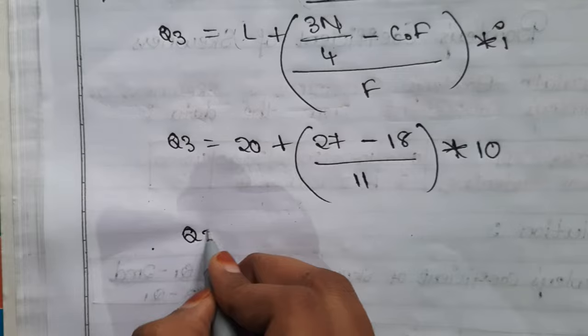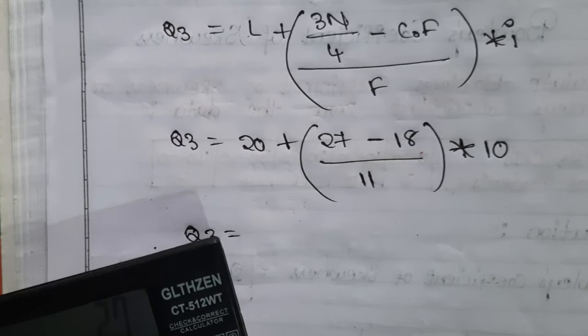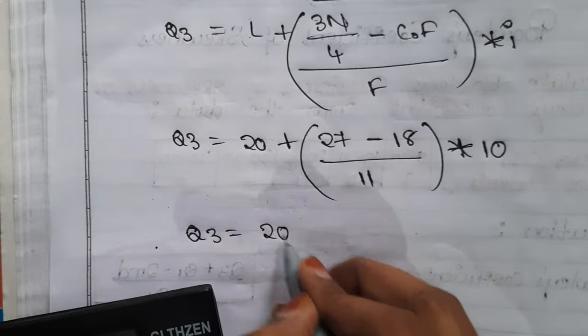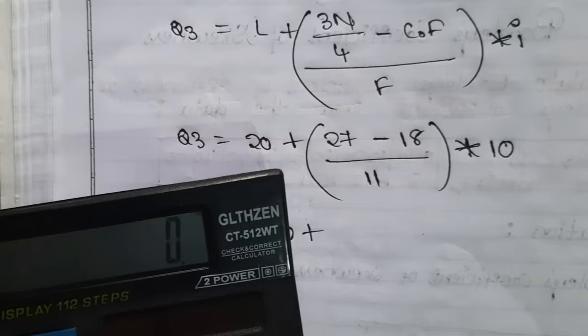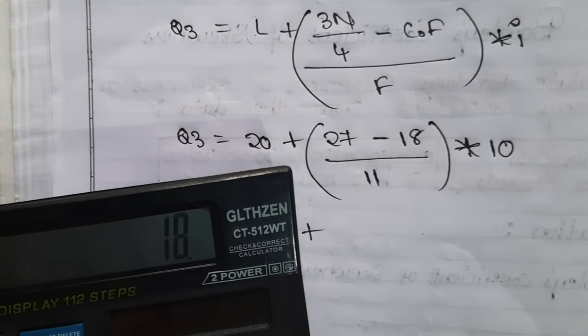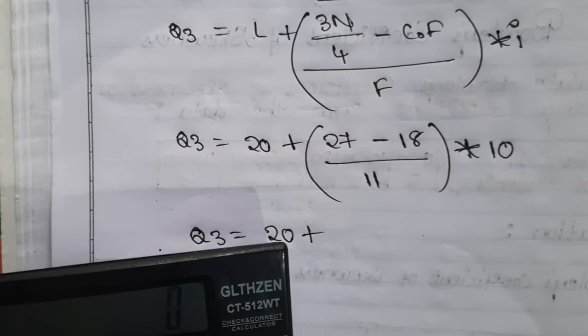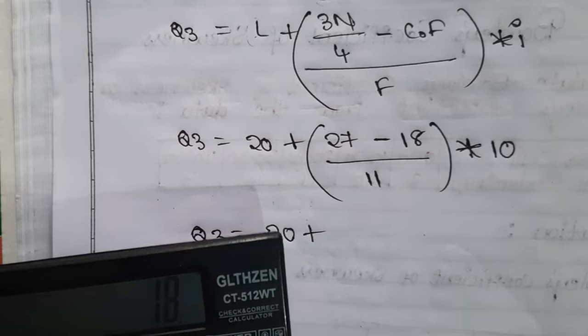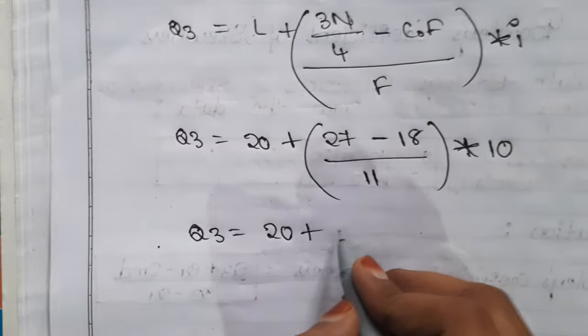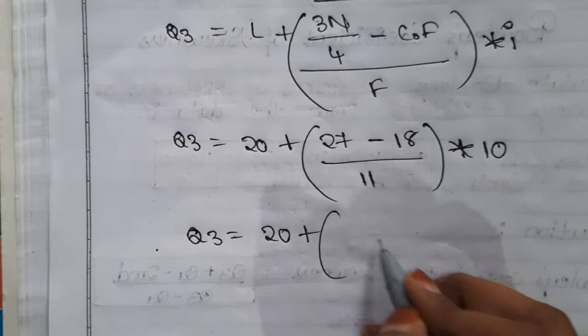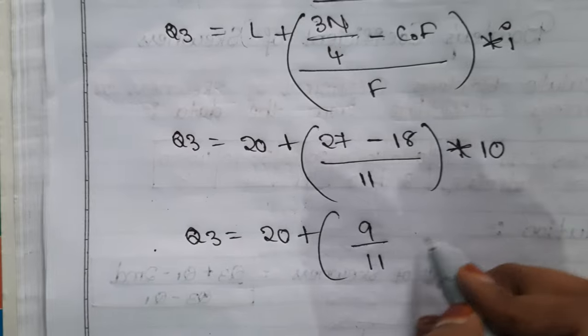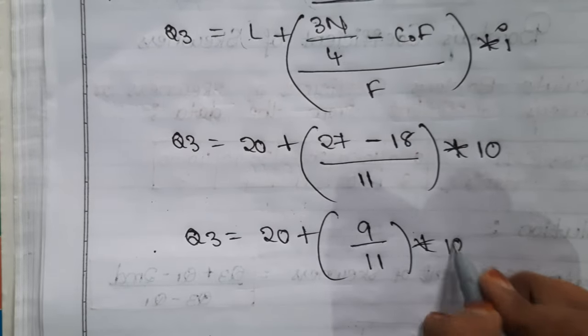Now you just do the calculation. You take 20 plus 27 minus 18. 27 minus 18 how much is it? It is 9. Okay, so 9 by 11 multiply by 10.